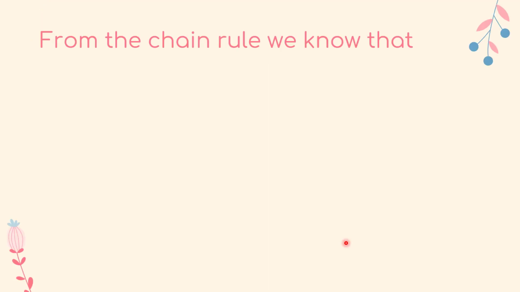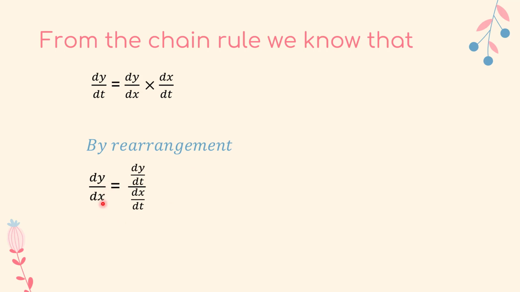How to calculate dy dx? From the chain rule, we know that dy dt is dy dx multiplied with dx dt. By rearrangement, we have dy dx obtained from dy dt divided by dx dt. Here, since dx dt is at the denominator, it cannot be equal to 0.